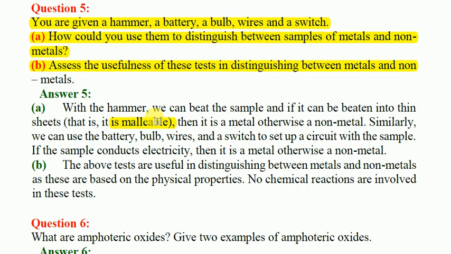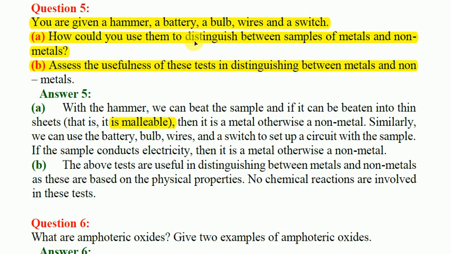bad conductors of electricity. Using the bulb, wire and switch, we make a circuit, and with that we can prove that metals are good conductors of electricity. The above tests distinguish metals and non-metals based on their physical properties, so we are not discussing chemical properties of the element in this experiment.